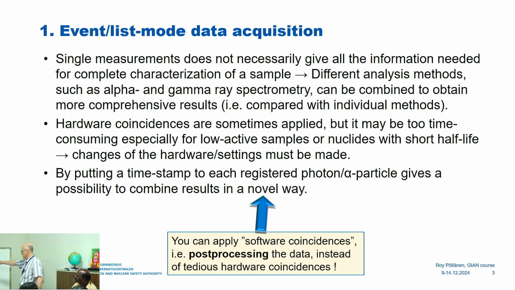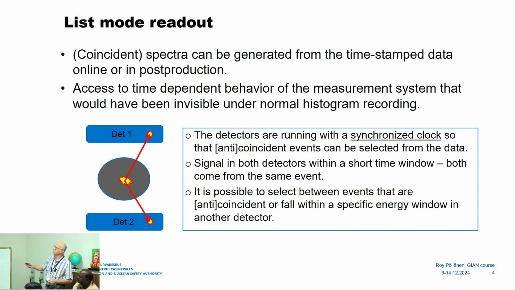But if you put a signal on each photon, you make it into gigabytes. You can apply so-called software coincidences. You can later combine these 2 methods. So it's post-processing the data instead of tedious hardware coincidences. I will explain this more.